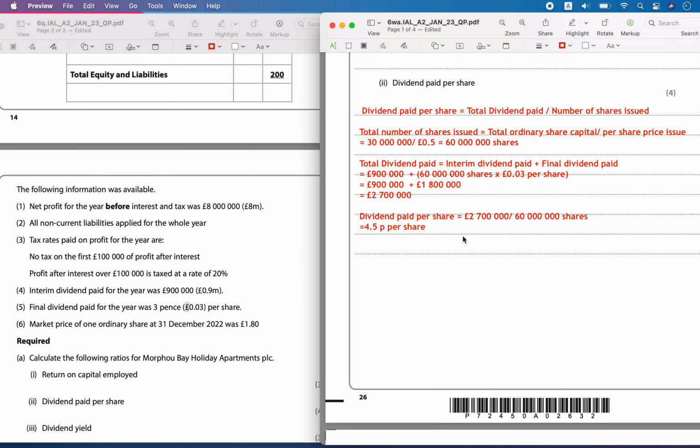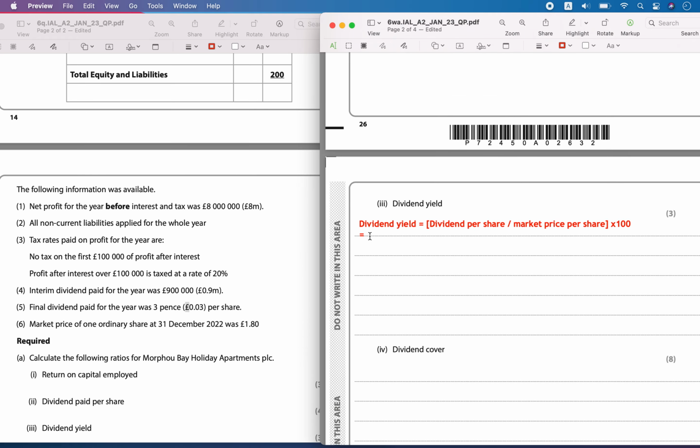So dividend per share we had already calculated, it is 4.5 pence per share. So 4.5 pence is 0.045 pounds. The market price is around 1.8 pounds.